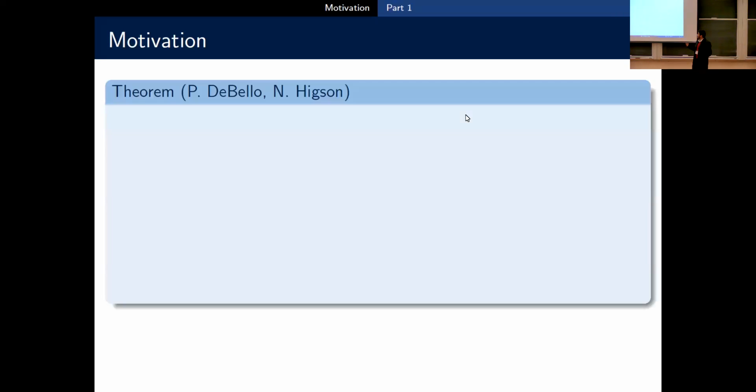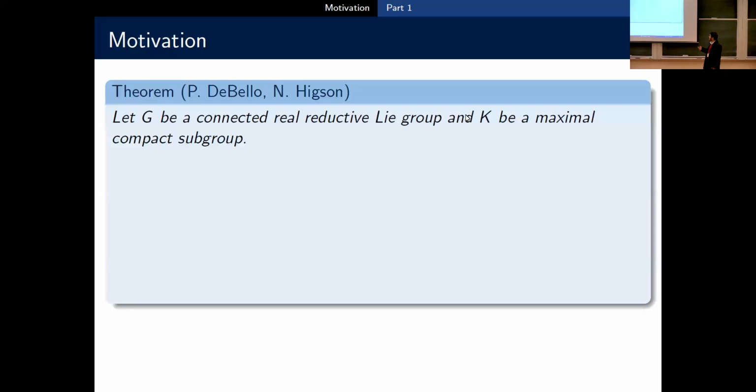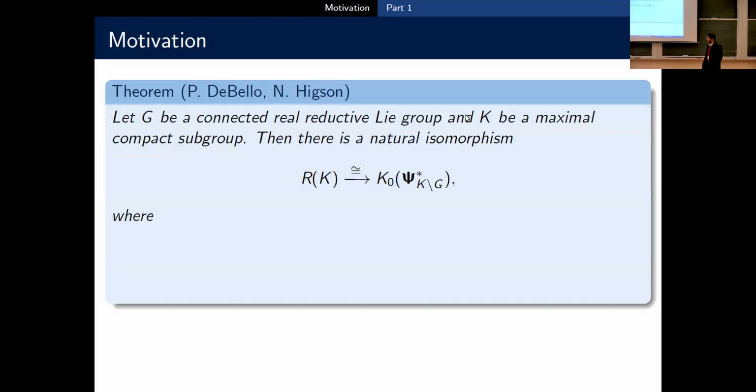Okay, so I'll start with a recent result of Nigel and Peter DiBello. What they are saying is that if you take a connected real reductive group G and a compact maximal subgroup K, there's a natural isomorphism from the representation ring of the compact subgroup K to the K theory of a certain C-star category.